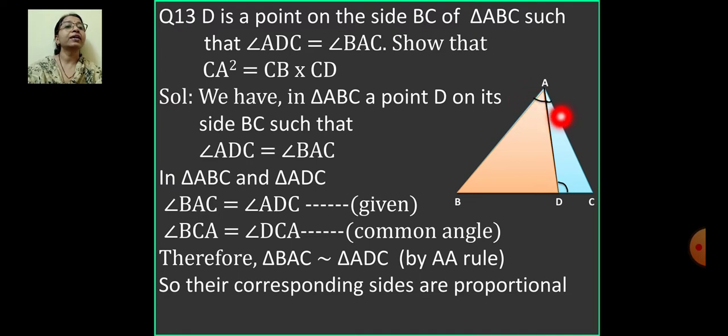This complete angle A corresponds to D. Then angle at vertex C corresponds to vertex C. So therefore remaining B corresponds to A. So children, see, this 1-1 correspondence is very important. So triangle BAC is similar to triangle ADC by angle rule. So once the triangles are similar, their corresponding sides are proportional.